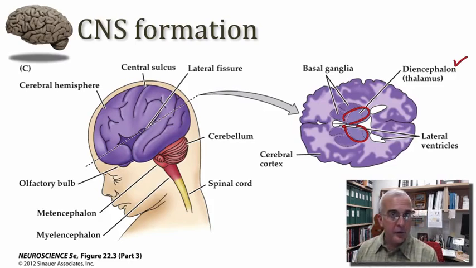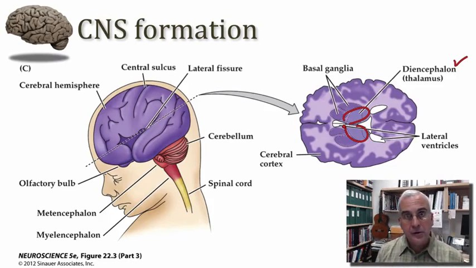And then if we looked a little bit deeper, also not shown in this particular cross-section, we would see the mesencephalon, which is now completely dwarfed by the expansion of the prosencephalon into the telencephalon and the diencephalon. And just caudal to that mesencephalon, we would see next the derivatives of the rhombencephalon, or the hindbrain.